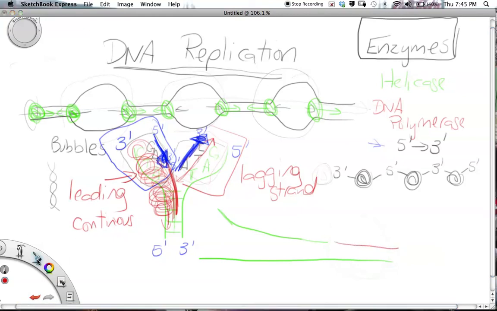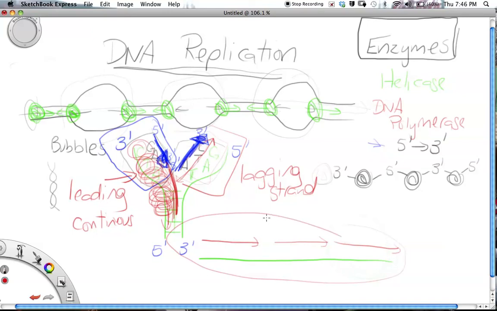This part was broken off, and so polymerase came in and built this direction. And then our last little bit was broken off, and then you end up with little fragments because they're all being made in this little direction. So these are what's known as Okazaki fragments.